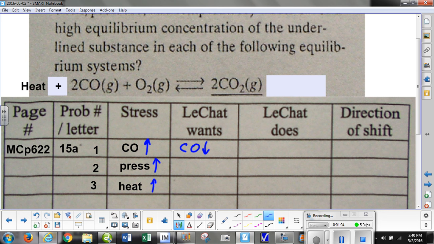Good, very good. Okay, he's got to decrease the CO. So, how is he going to do that? Is he going to combine the heat and the carbon monoxide and the oxygen to make CO2? Or is he going to break apart the CO2 to make heat, carbon monoxide, and oxygen?